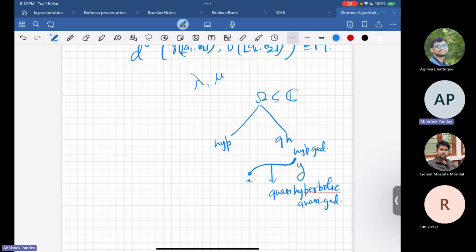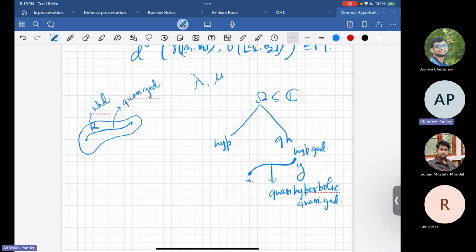Now coming to your question, as far as I understood, you want to say that if we have any two points x, y, and we fix any r neighborhood of this one, let us say this is the r neighborhood of this point. So this is a quasi geodesic, and this is the r neighborhood.